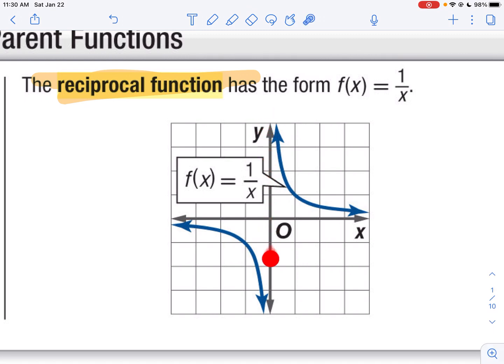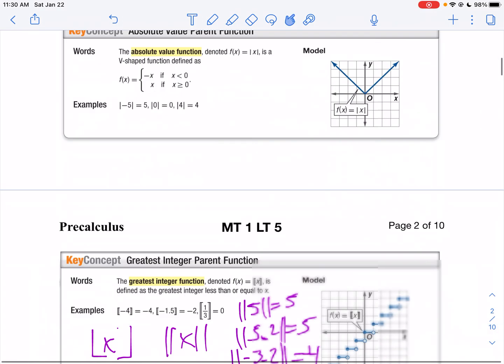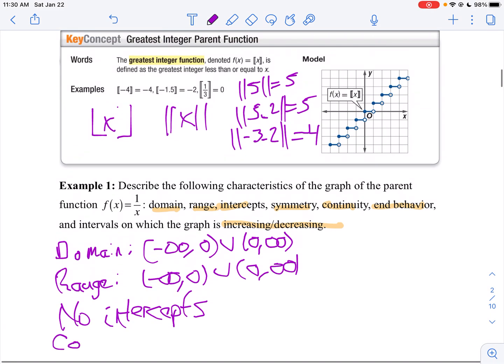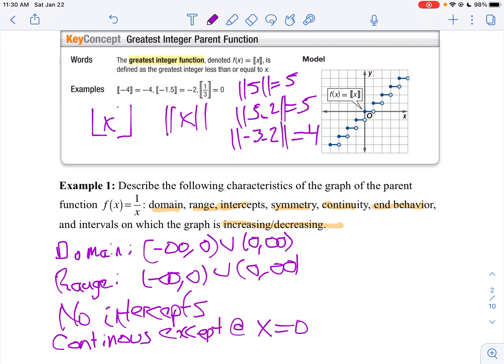It approaches infinity at 0. So I'm going to say it's continuous, I can graph the line without lifting my pencil, except at 0, where it has infinite discontinuity.